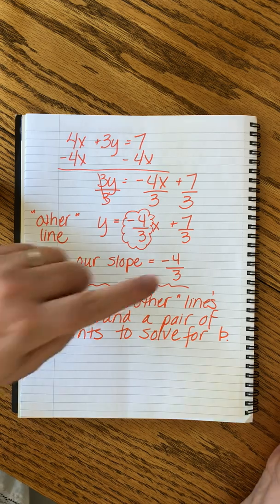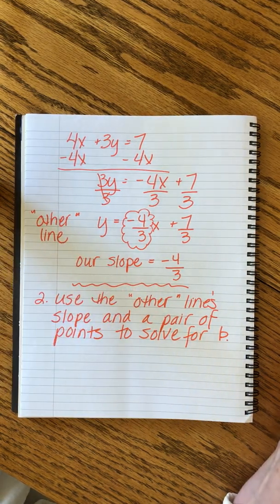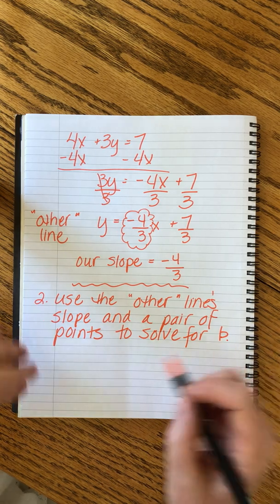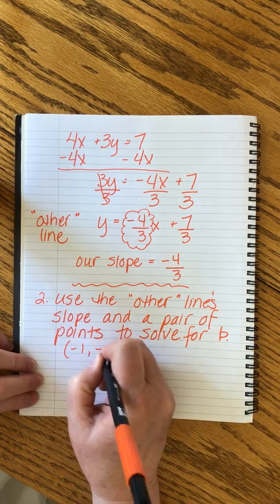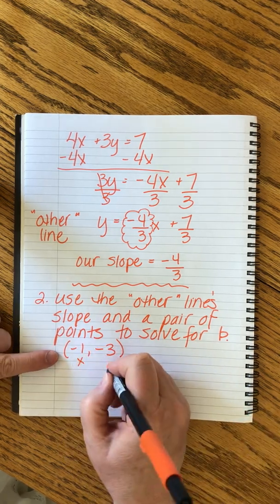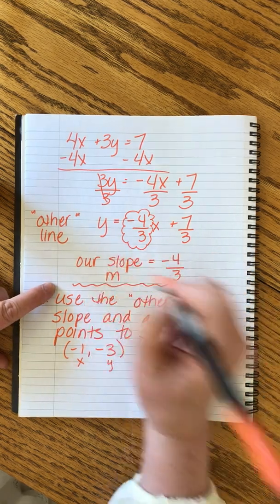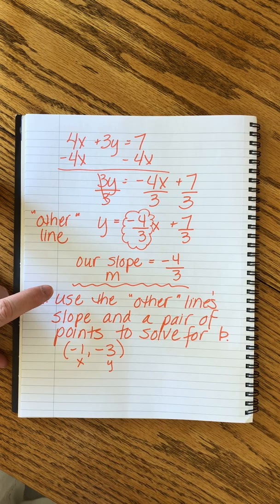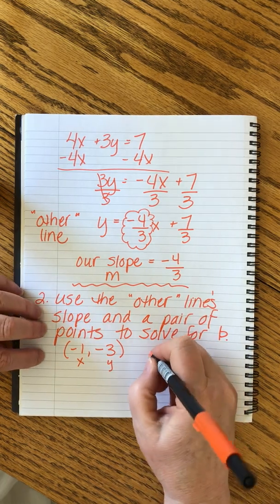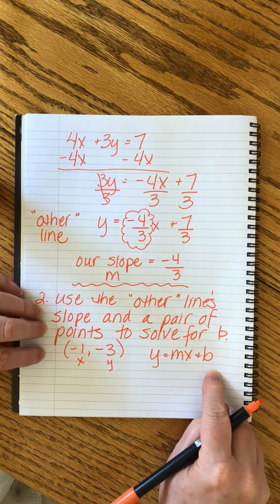We're going to use this slope, which is the other line slope, which is now our slope, and we're going to use that pair of points that John gave us way back in the beginning of this problem, which is -1, -3. I'll write it again. John gave us this. We did not figure this out. We're going to remember that this is x, this is y, and this is m, right? Our slope, we can call it m. We're going to plug that into the equation of our line and solve for b.